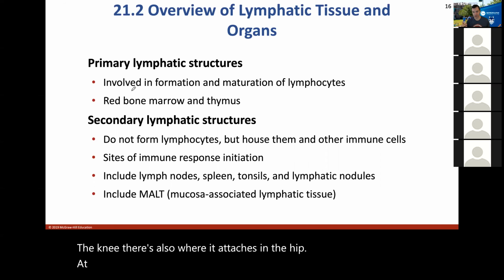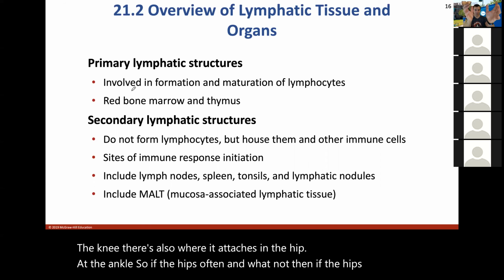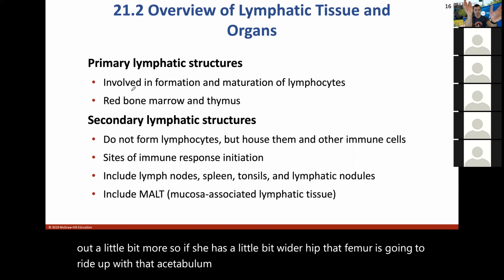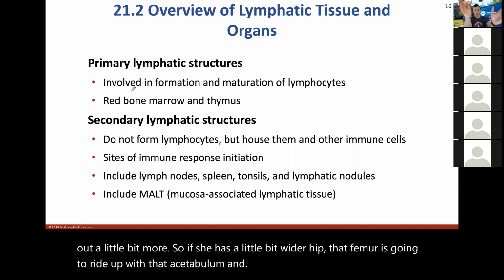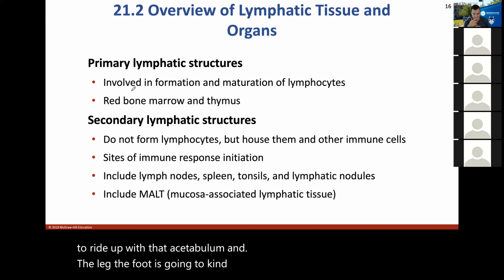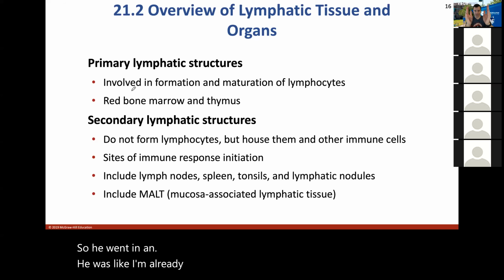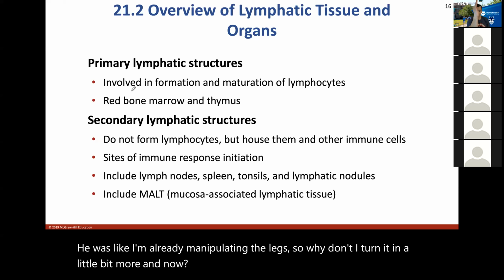So if she has a little bit wider hip, that femur is going to ride up with that acetabulum, and the foot is going to wing out a little bit more. So he went in and he was like, I'm already manipulating the leg, so why don't I turn it in a little bit more? And now the foot pokes straight up.